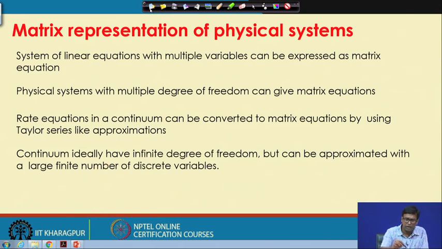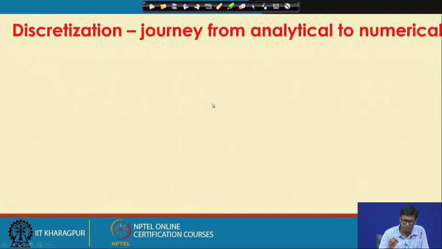Though a continuum ideally has infinite degrees of freedom, it can be approximated with a large number of discrete variables. We will see it through an example, and this method is called discretization. A continuous space is discretized to a finite degree of freedom space.